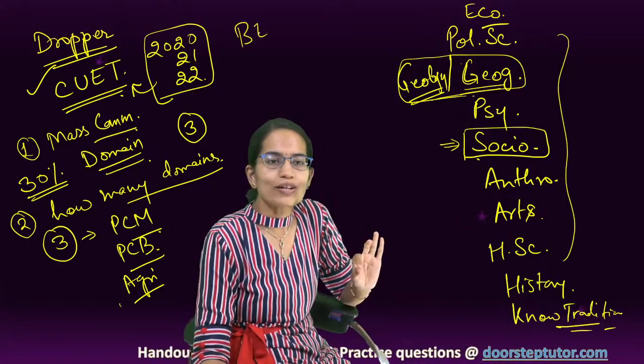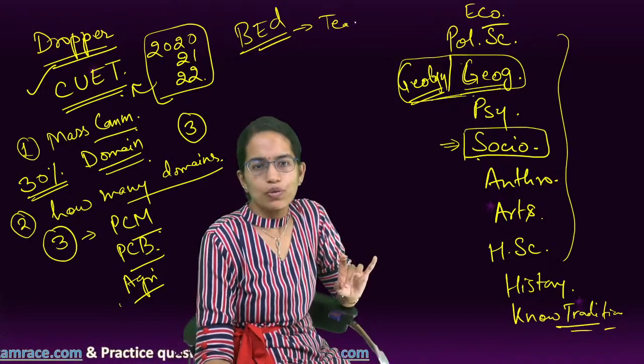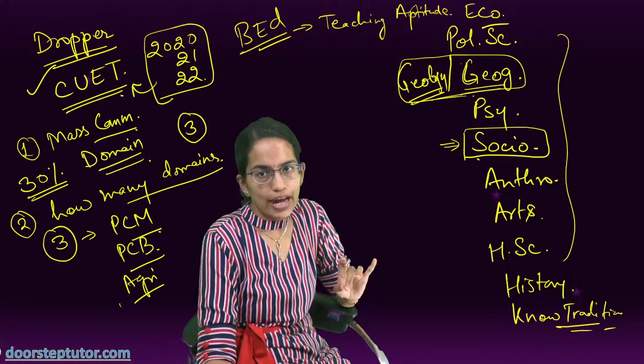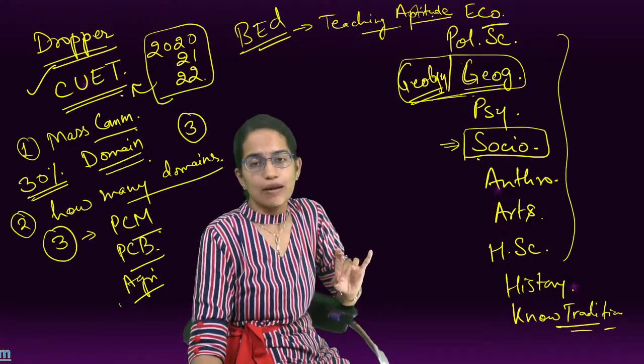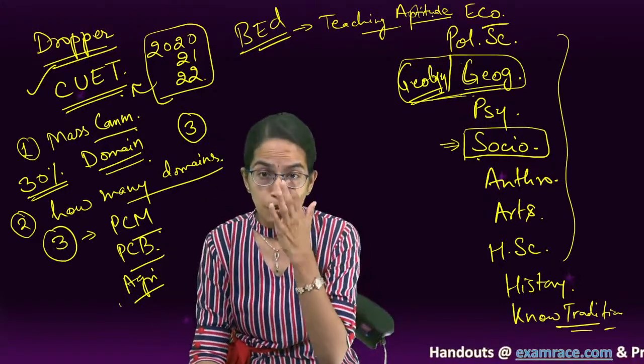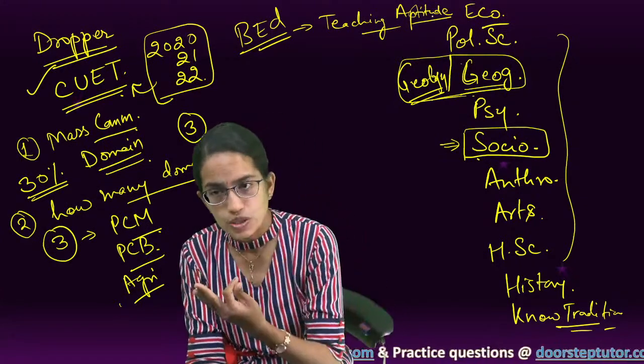Similarly, if you want to enroll yourself directly for the B.Ed program, then teaching aptitude would be one of the preferences that you would be checked for. So it's a good idea to opt for teaching aptitude as one of your papers there. If you want to go into yoga or physical education, you can go for physical education as one of the papers.